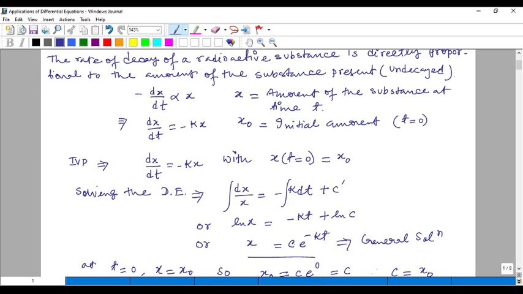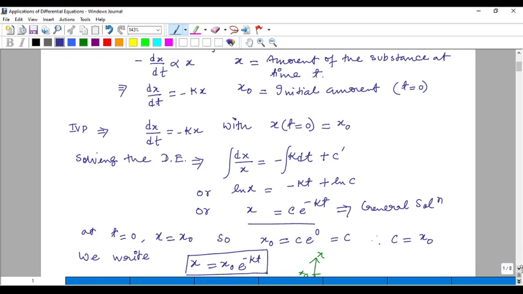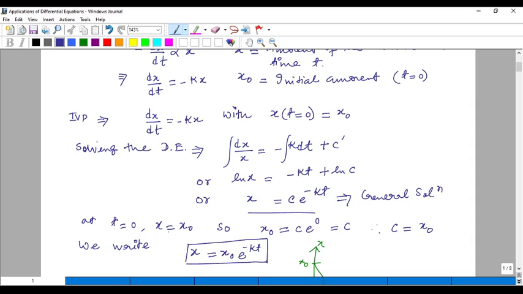So we have to find the value of c using the initial condition. The initial condition is at t equal to 0, x is equal to x0. So we get the value of c equal to x0, the initial amount. So we can write the complete solution: x equal to x0 e to the power minus kt.